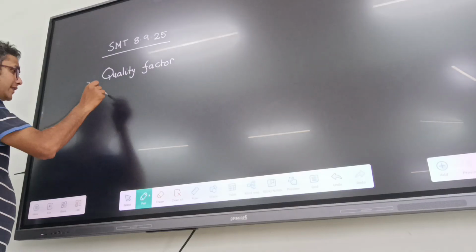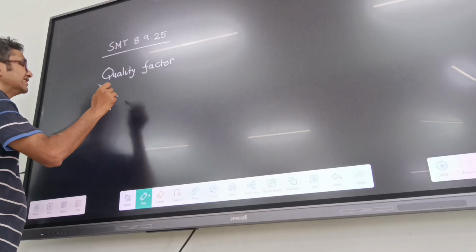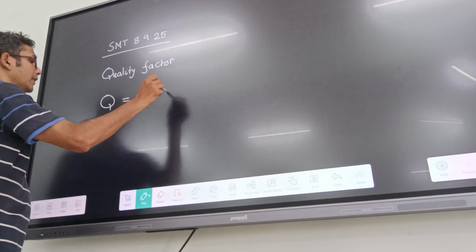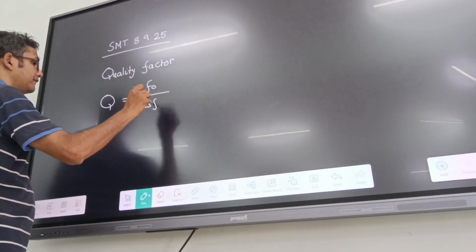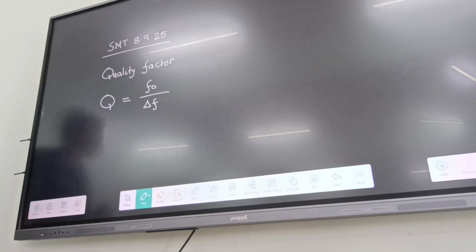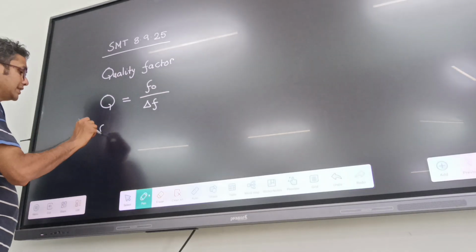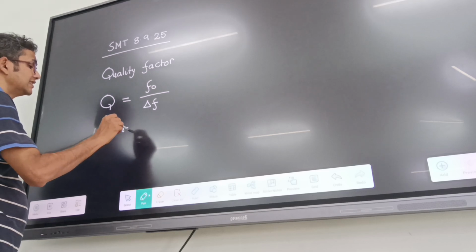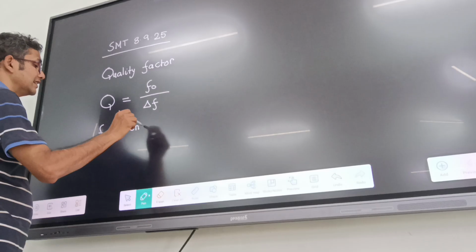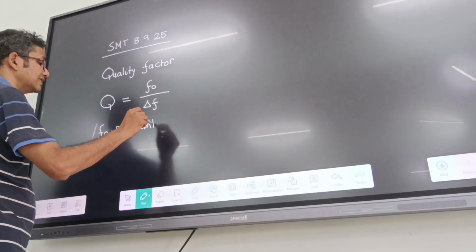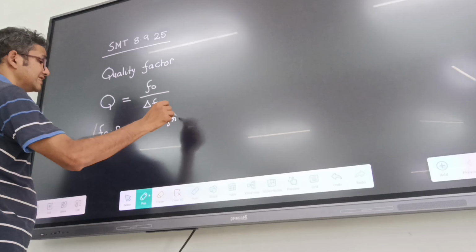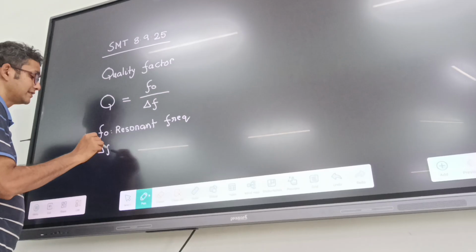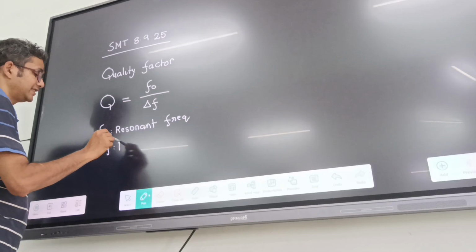So it is basically defined as F0 by delta F, where F0 is the resonant frequency and delta F is the bandwidth.